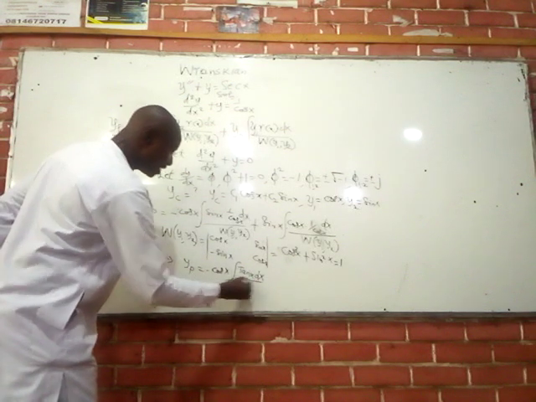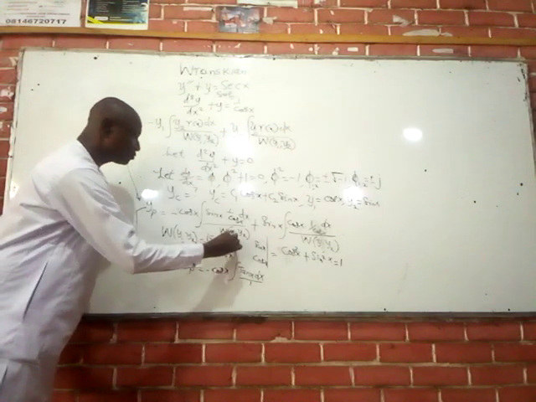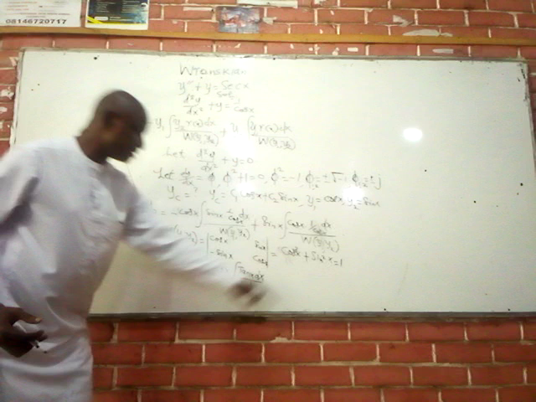Remember that the WRONSKIAN is 1, which we have just derived from this WRONSKIAN analysis.